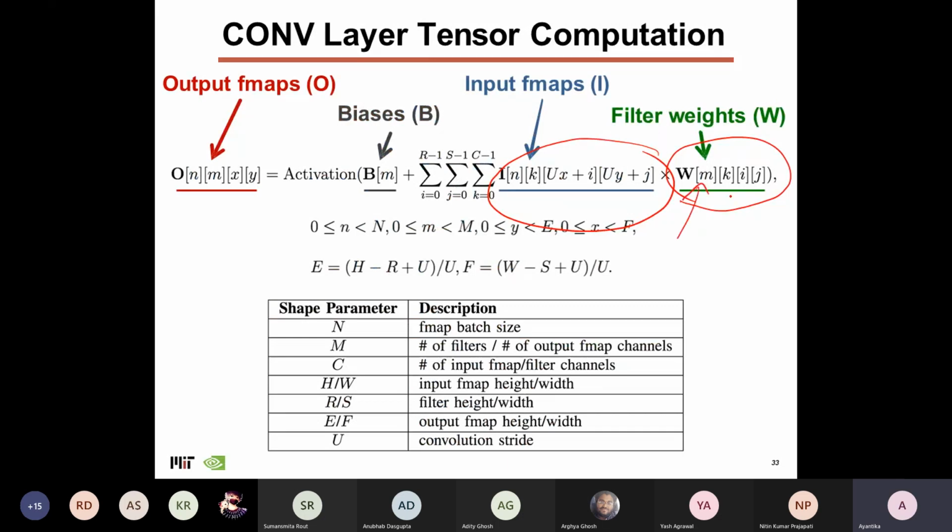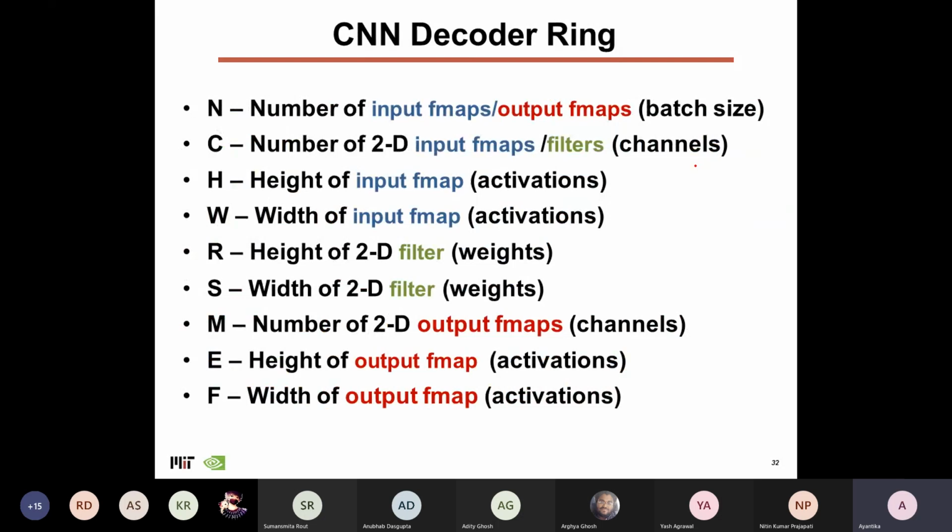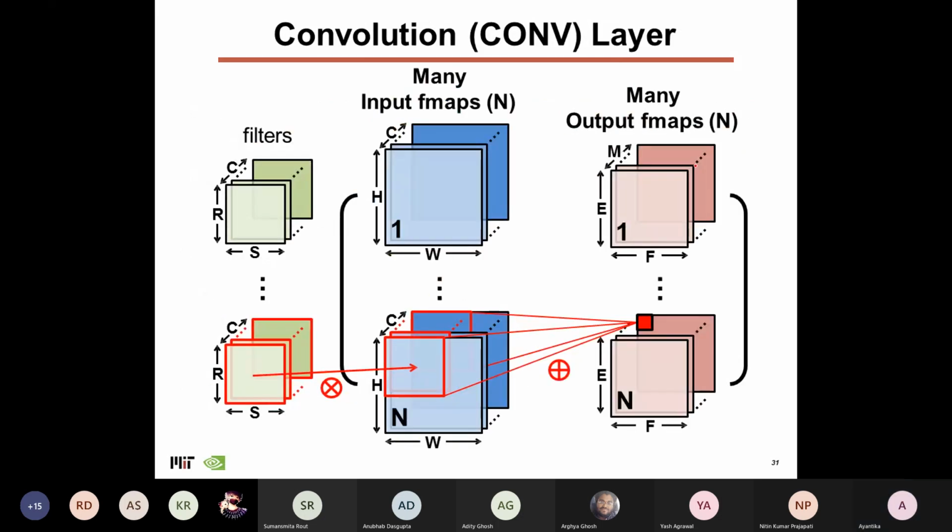Maybe all of you have done matrix multiplication, right? Similar to that, this is also a matrix multiplication, but here you have to consider the number of channels as an input. You have to consider the height and width of your input feature maps. You have to consider the height and width and the number of channels associated with your filters.